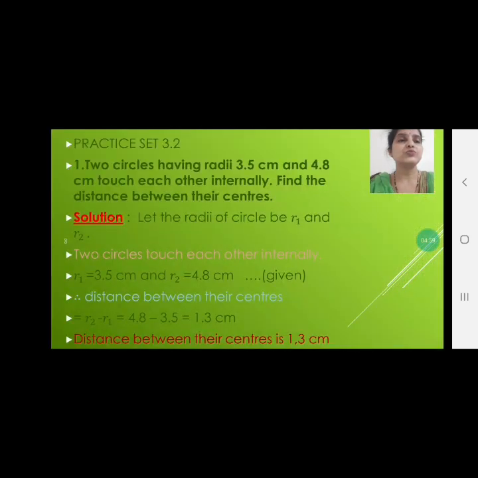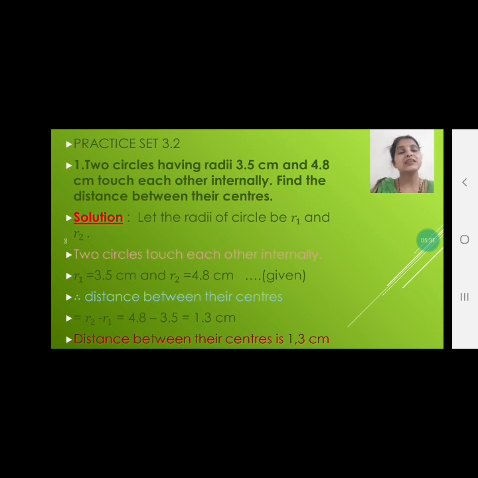Now the next one. We'll start with practice set 3.2, which is based on the concept of touching circles. Before going to the problems, what you have to remember: if circles are touching externally, the centers are on opposite sides, and to find the distance we add.